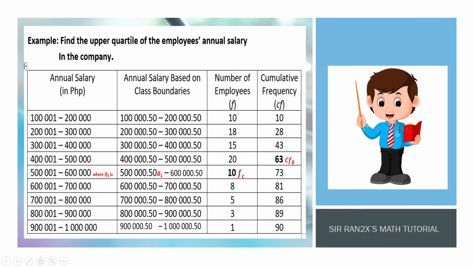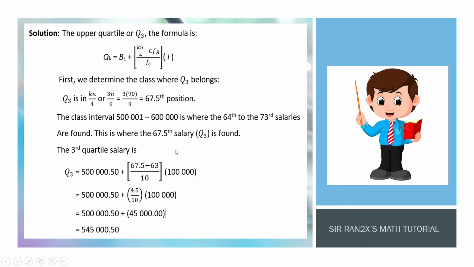It's the 400,001 to 500,000 class interval, and its cumulative frequency is 63. Now the information we need to solve using the formula is complete.